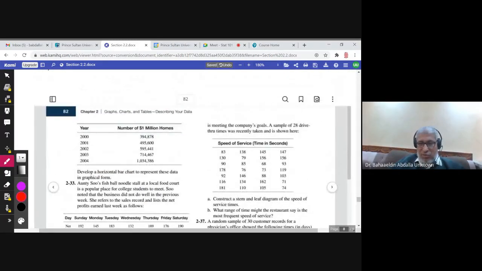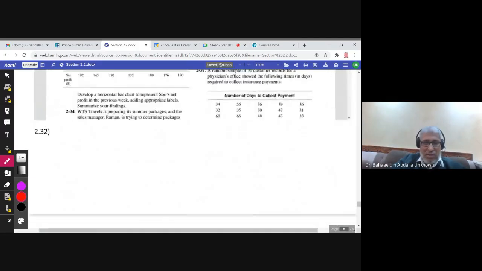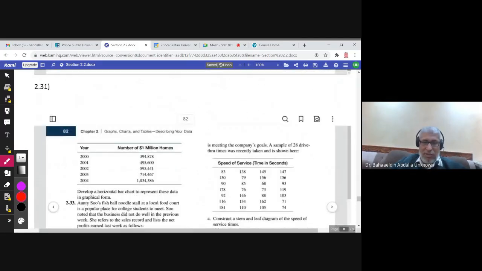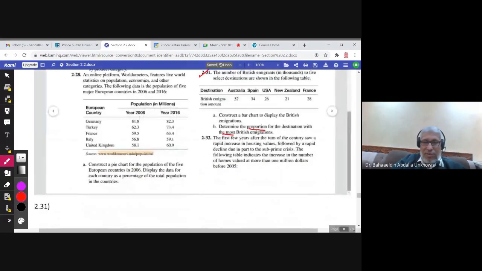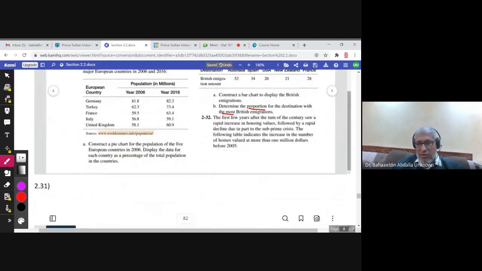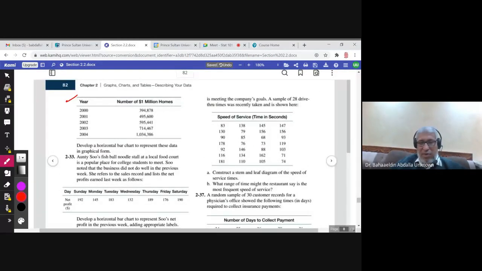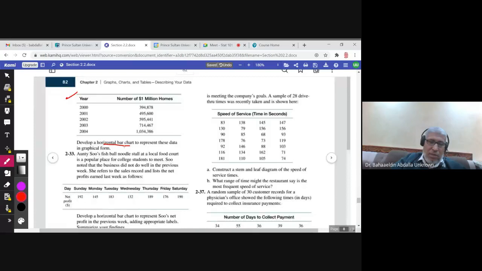This is 2.32. Okay, part of it is here, I think. Yeah, this is the beginning of it, and this is the continuation of the question. He needs a horizontal bar chart.